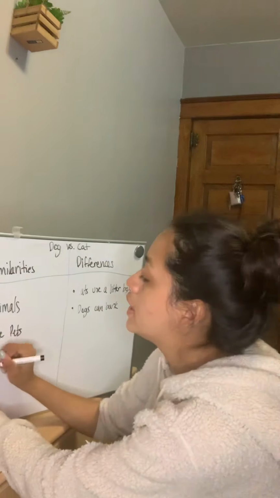So Nicole, give me a similarity. They're four-legged. Good job. They're both four-legged animals, right? And then one last difference. Let's see. Alice. Okay. Cats don't need to be walked.